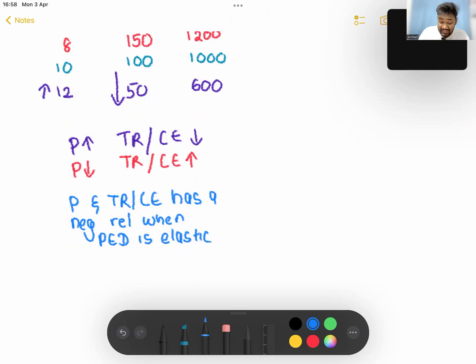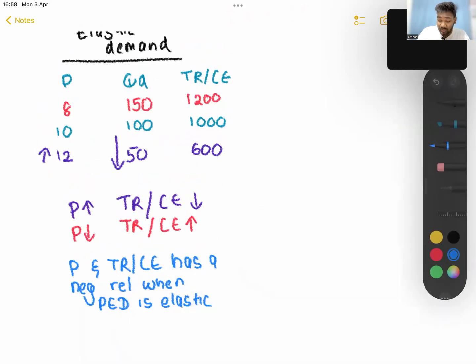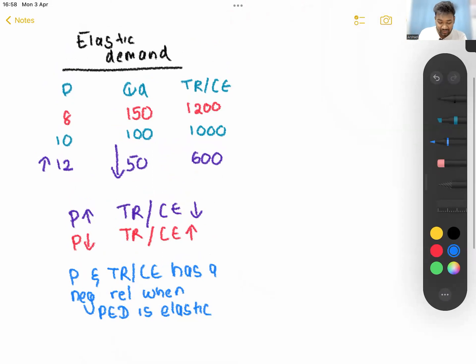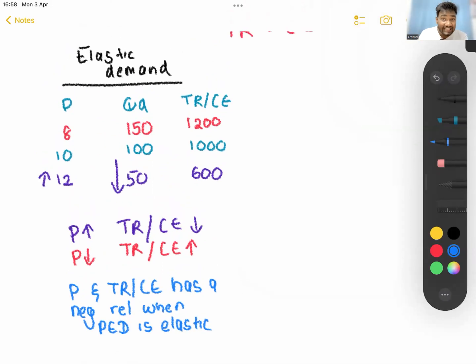So when PED is elastic, you can say price and total revenue has a negative relationship. Is that clear, guys? That means if you increase your price, your QD will fall. If you decrease your price, QD will increase.